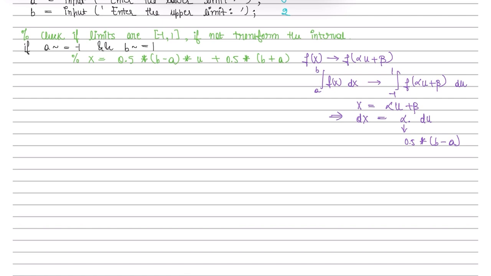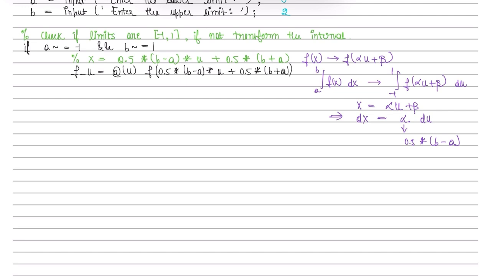So the statement of line will be f of u is equals to function with respect to u of f, where the x value will be replaced as 0.5 into b minus a into u plus 0.5 into b plus a.